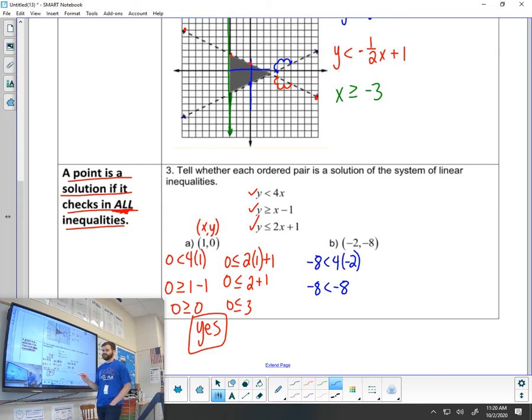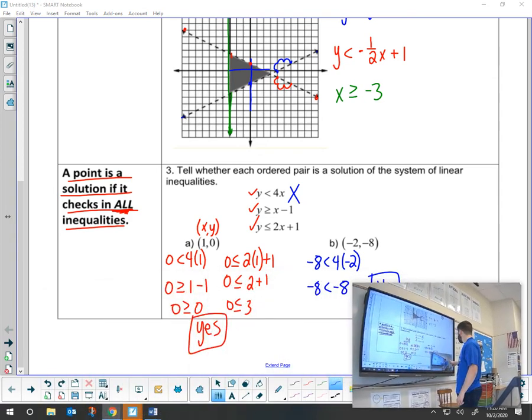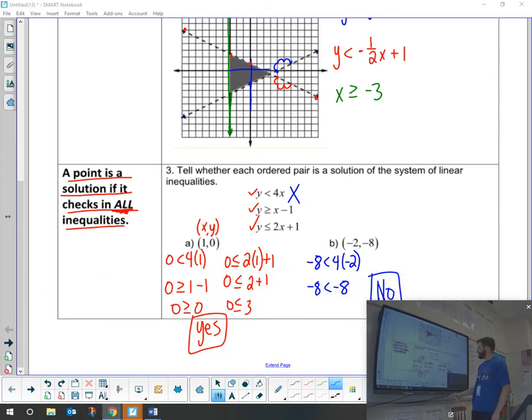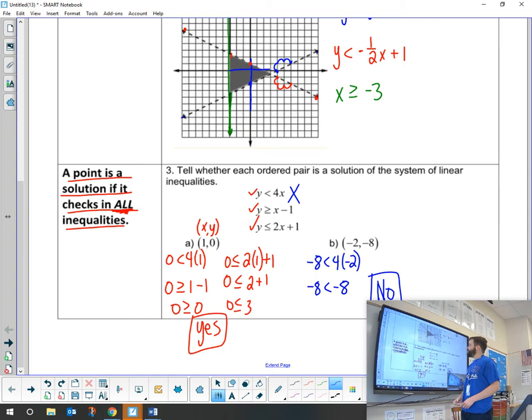And this doesn't have an equal sign, so this one is a no. Remember, if it's wrong on just one, it doesn't count, so we don't even have to check the others. So this one's just going to be a no, it is not a solution. Okay? That's all you have to do to check. And you can do that on any of these. The other way is we would check and see if it's like in the graph. We'll do that in a little bit.